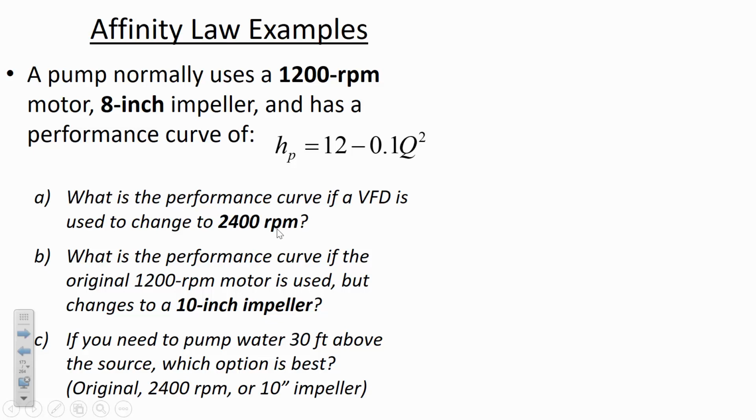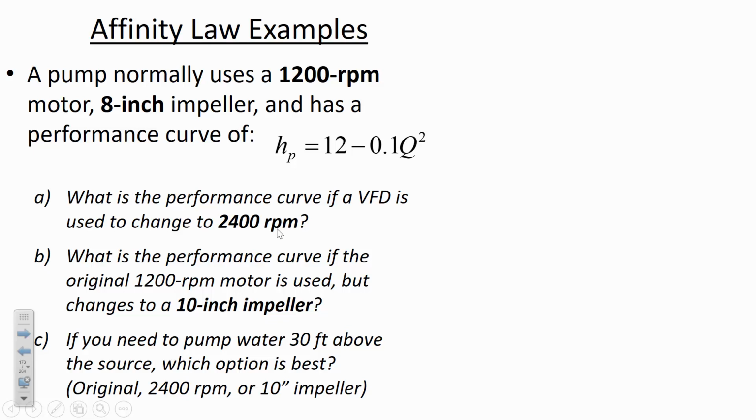Okay, so for part A, I'll show you one, and then I'll let you try part B and C on your own. For part A, we want to change to 2400 RPM.